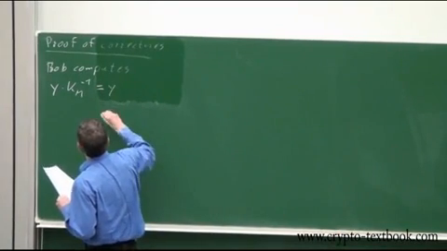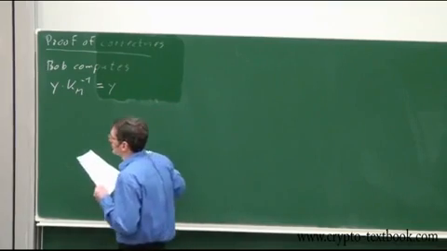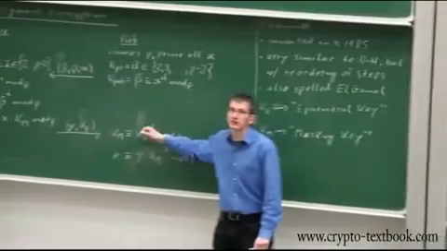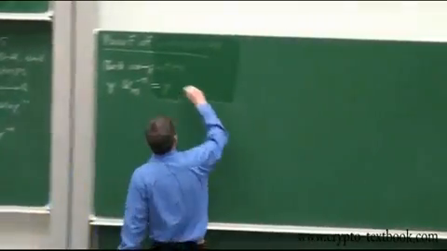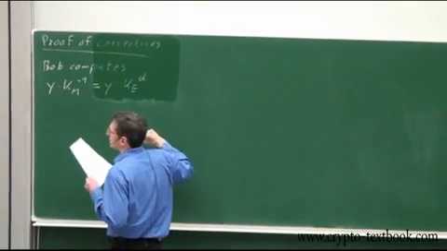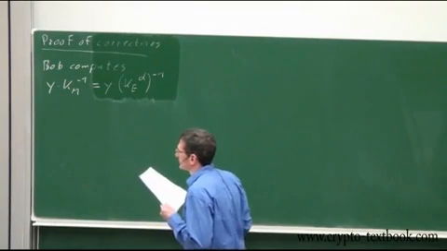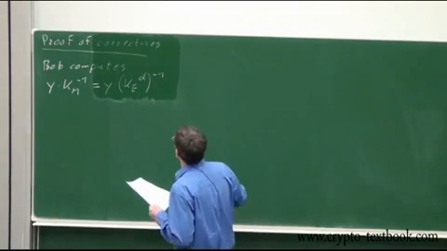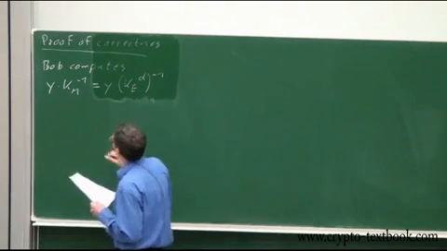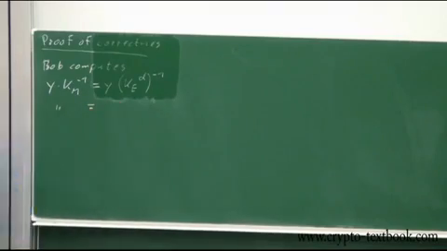And now we look step by step at what's happening. What is the masking key? The masking key was computed here as ke raised to the dth power. So we simply substitute. We have to take the inverse. Okay. So next thing, we look at what is y. Where is y coming from?